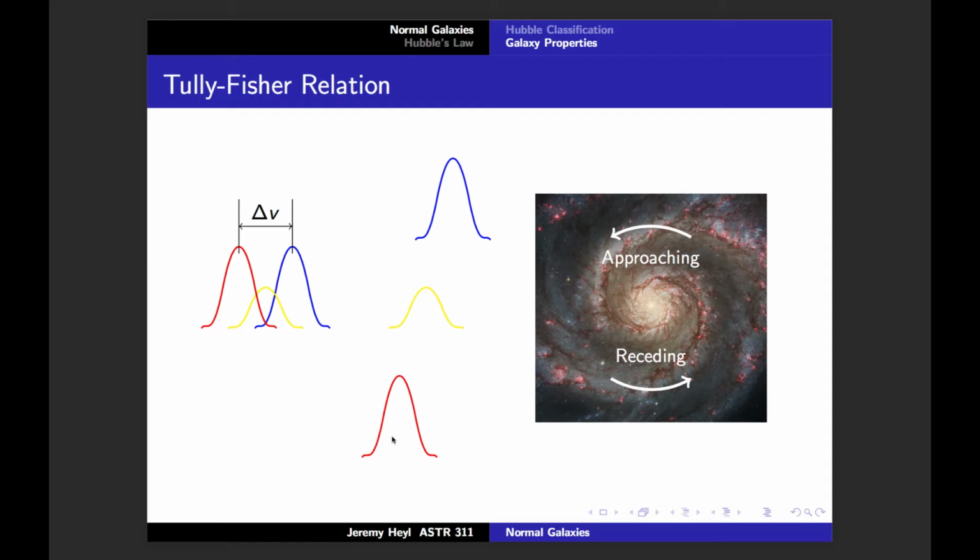Now, if I'm looking through the top, it goes through a lot of material that's all moving at the same velocity coming towards us, because we're on this part of the circle. Similarly on the other side, it's all going away from us, more or less at the same rate. In the middle part of the galaxy, we have material that's not moving so fast.